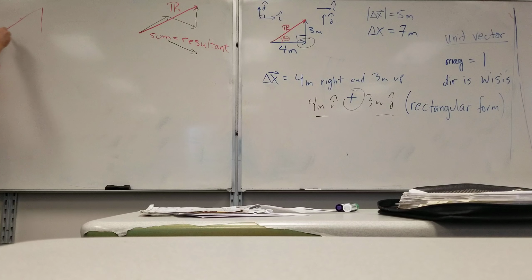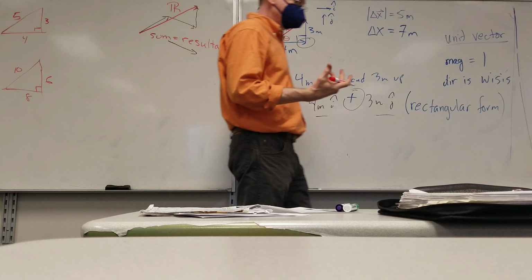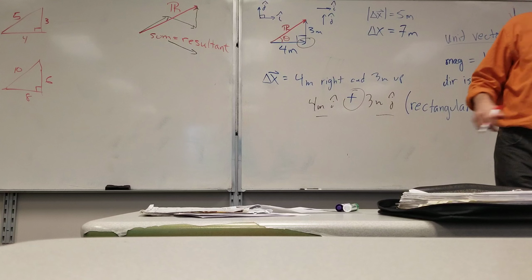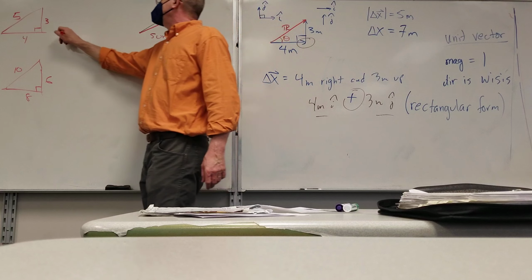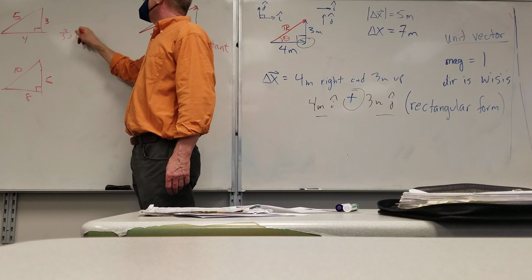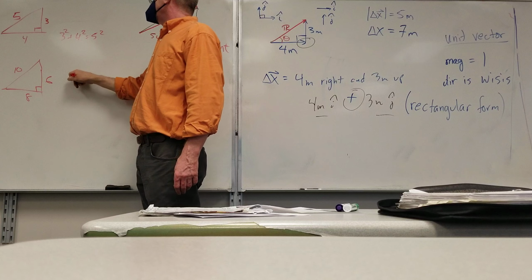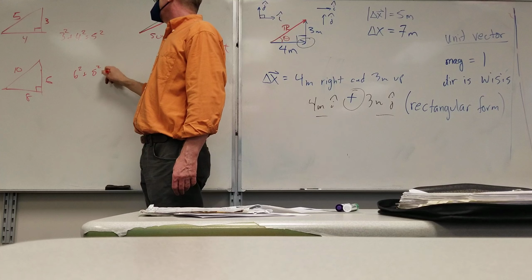If I have a triangle here, let's just say it's a 3, 4, 5 triangle. Make it a right triangle. And I have another triangle here that's a 6, 8, 10 triangle. These are known as Pythagorean triplets because 3 squared plus 4 squared equals 5 squared, and 6 squared plus 8 squared equals 10 squared.